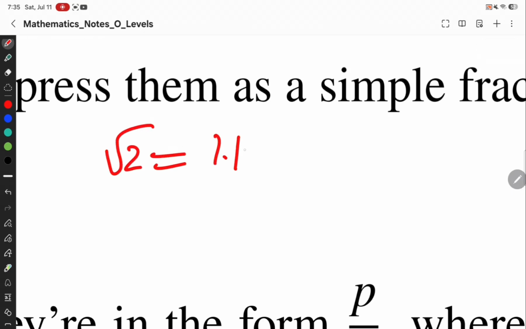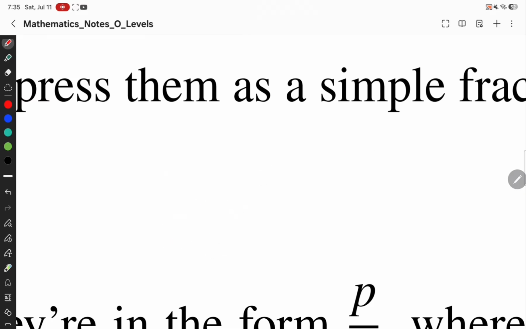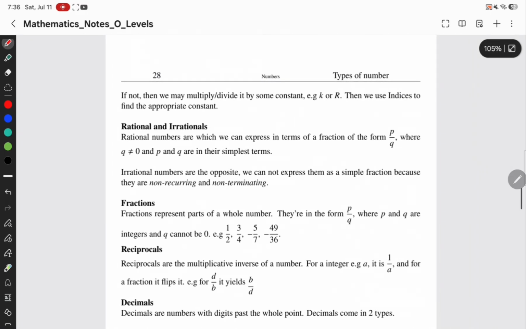It is 1.414 and so on. You cannot express it as a fraction because it goes on forever and does not repeat. We do not know a pattern in the decimal expansion of the square root of 2. That is why we call them irrationals.